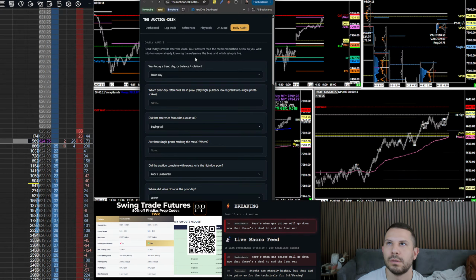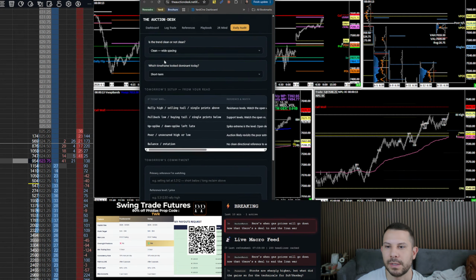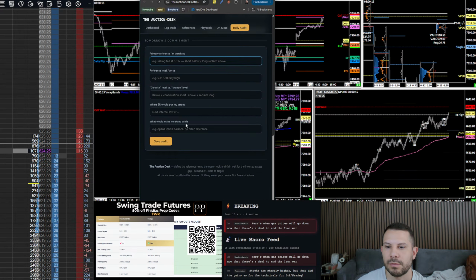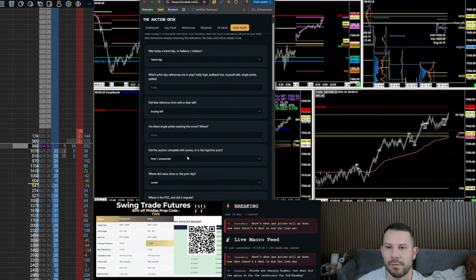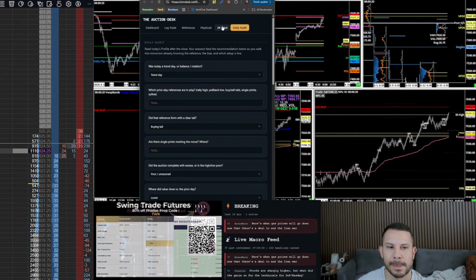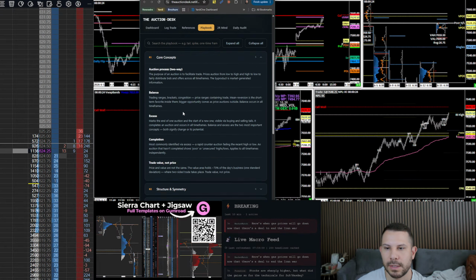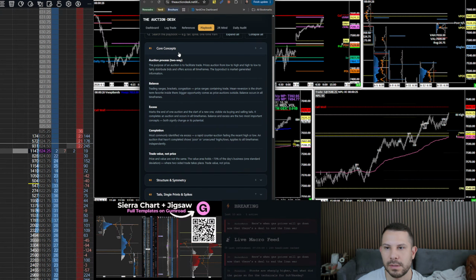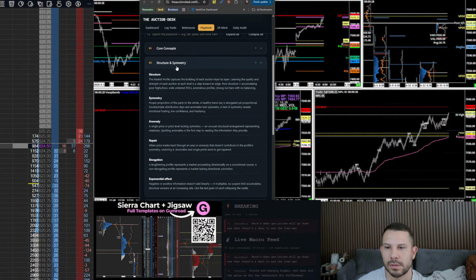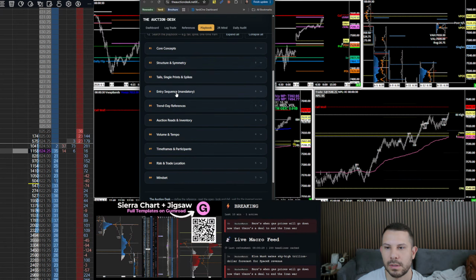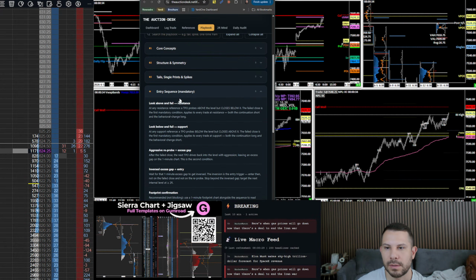So this daily audit, does it save the daily audit information or the notes somewhere I can reference later, if I want to go back to a certain day? Let's see. It's pretty good. I like this. Core concepts, structure, symmetry. Mandatory, look above and fail, aggressive probe.